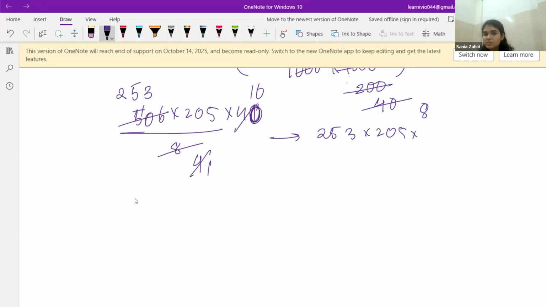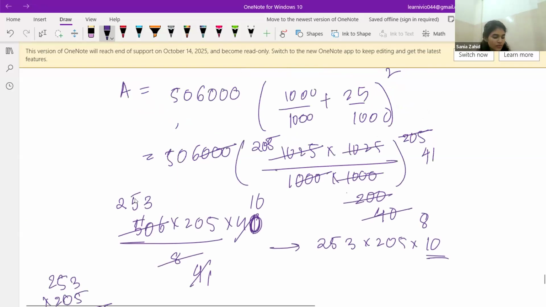So just multiply with 10. See, a lot of calculation becomes easier. Now you just have to multiply 253 into 205 and whatever the answer is, just put 0 at the end. This much rounding off you can do very easily because it's just about one number. 41 you can easily round off to 40.